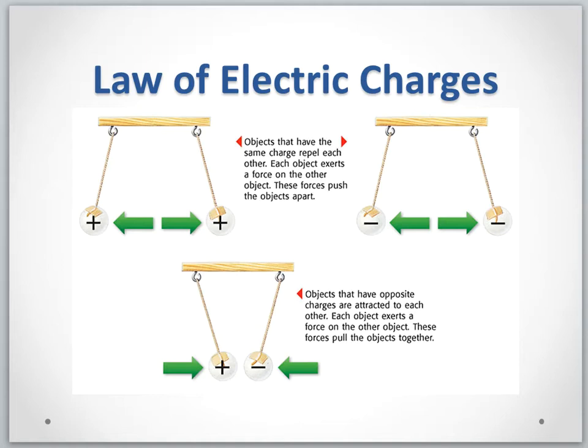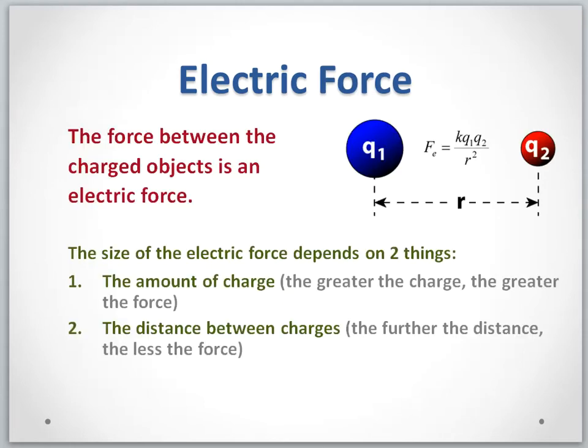If we had two objects suspended here so that they could move freely in space, we would see that objects of same charge would repel and opposite charges attract. Well, we can actually also calculate that force of attraction or repelling between those two charges. Now, we're not going to get into the actual use of this calculation.